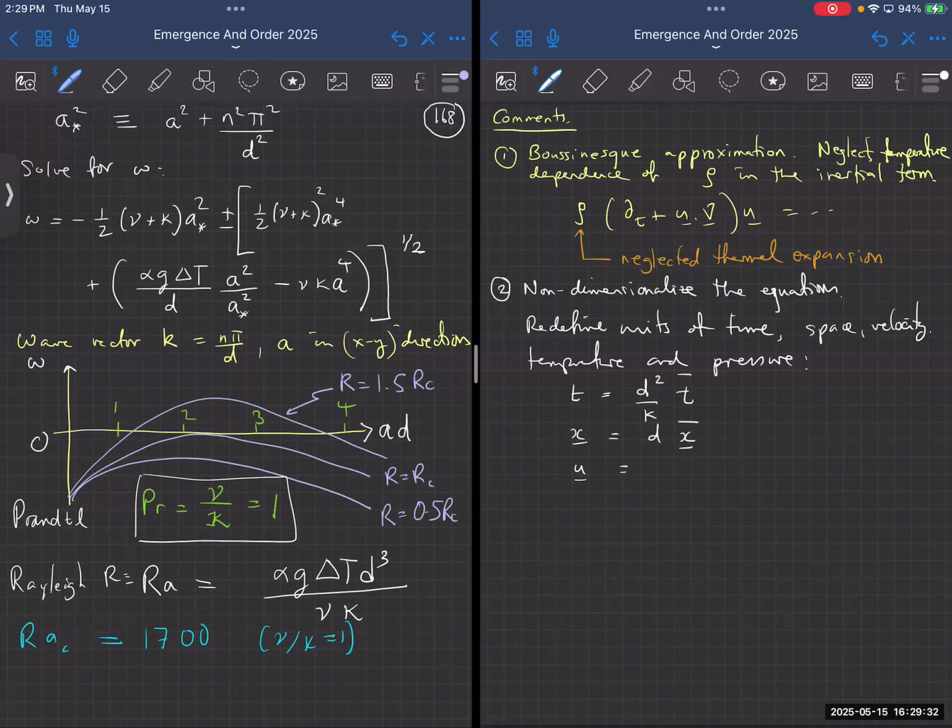Velocity u is equal to kappa over d times u bar. Temperature T is equal to nu kappa over rho g alpha d cubed times T bar, and the new pressure is rho bar nu kappa over d squared, times the dimensionless pressure.